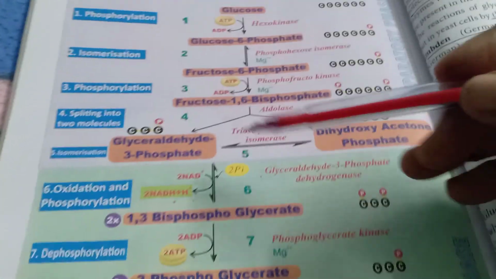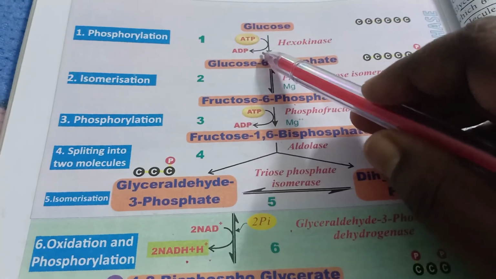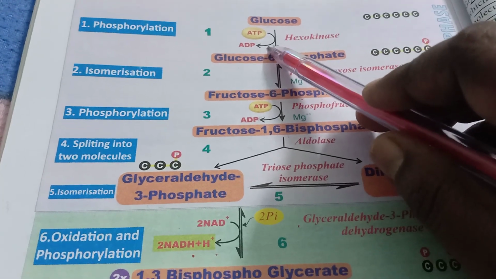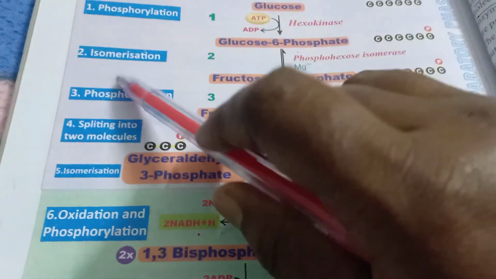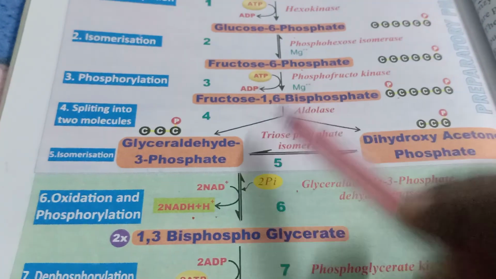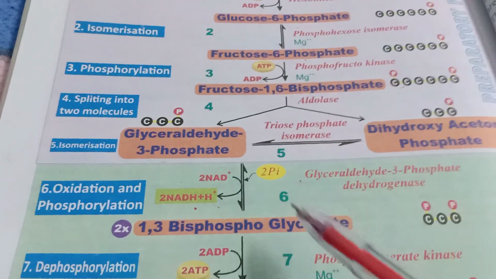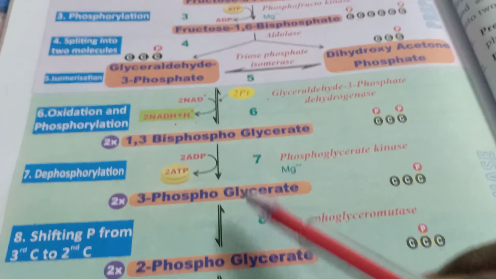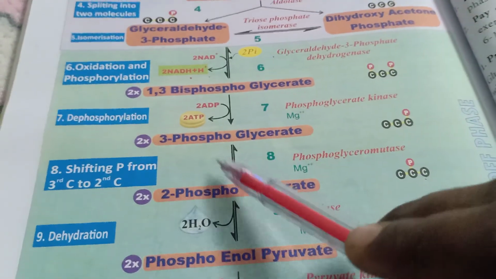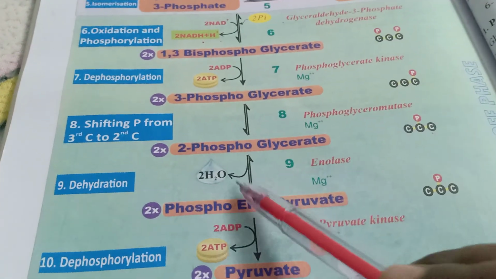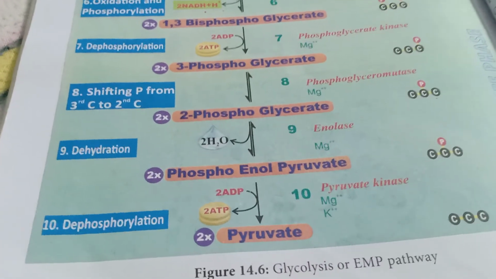Then learn all the processes: ATP converting to ADP, phosphorylation, isomerization, phosphorylation, splitting by aldolase. Here the splitting, isomerization, oxidation and phosphorylation, dephosphorylation, shifting from the 3 carbon to the 2 carbon compound, dehydration, dephosphorylation.